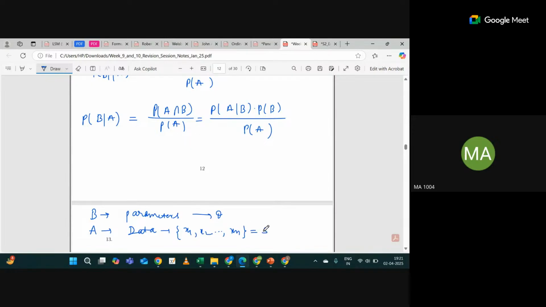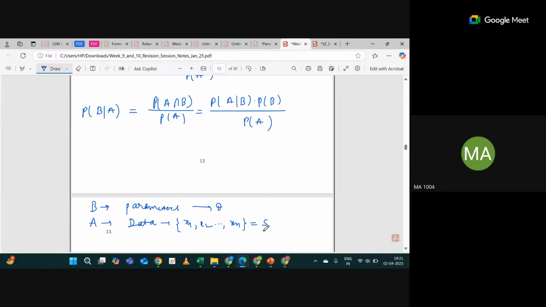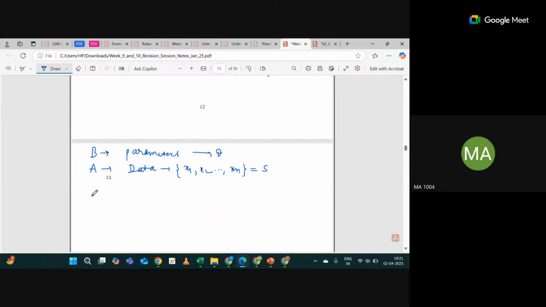Suppose this is S that I'm writing. So what is the task? What we have to do? We have to find the probability of theta given data. This is something we have to calculate. We have to update our knowledge for the given data. This means probability of theta given S, I can write or not?